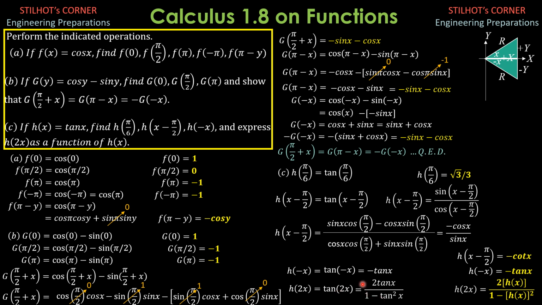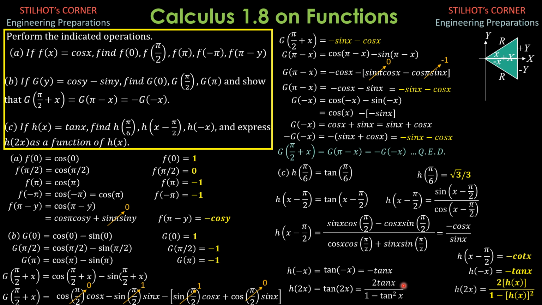And the numerator is sine of x plus x, so sine x cosine x plus cosine x sine x, which can be combined into 2 sine x cosine x. And the denominator is cosine square x minus sine square x. Divide the numerator by cosine square x, the denominator by cosine square x, and the result is 2 tangent x over 1 minus tangent square x. So this is 2 tangent x over 1 minus tangent square x.